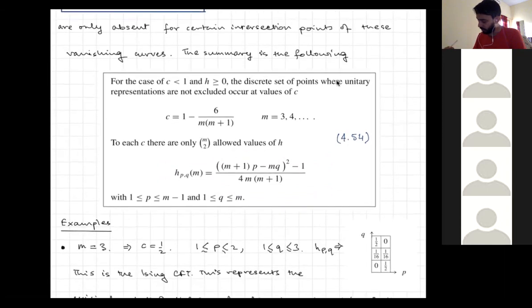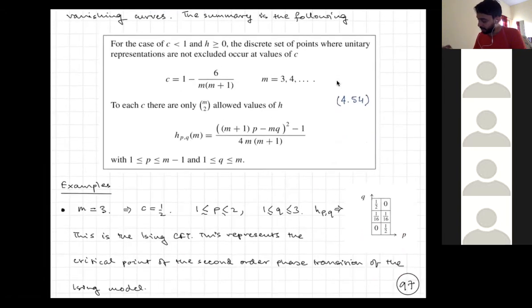I told you one about the Ising model, critical Ising model, which is c equal to half. And then the fields that you can get, you can figure it out by looking at this particular H_pq. So this actually represents the critical point of a second order phase transition of the Ising model. I encourage you guys to go back and go to the yellow book and try and read this a bit more.